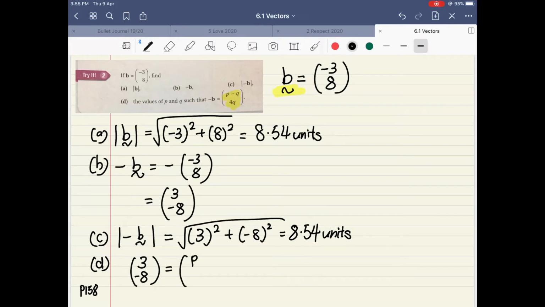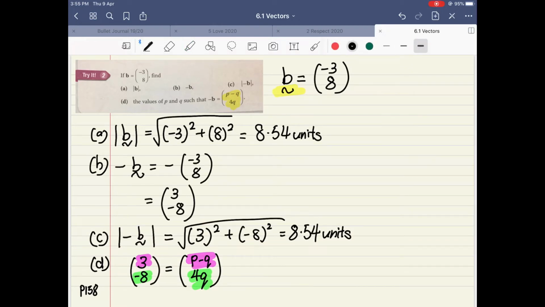They say the equivalent is P minus Q and 4Q. So what I'll have to do here is this. Let me just use a highlighter so that you won't get confused here. 3 is equals to P minus Q. Negative 8 is equals to 4Q.